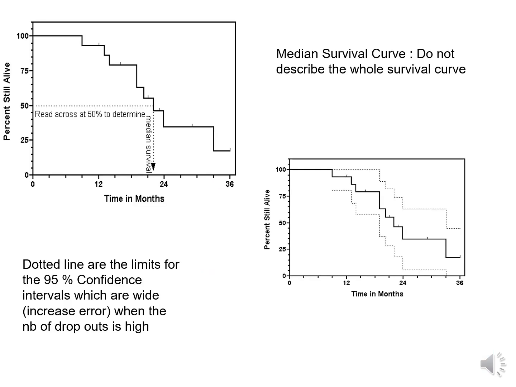So this illustrates how median is derived from the survival curve. Here is the y-axis, and this is the cumulative percent, and then you extend a horizontal line from the 50% to the curve, and then you read off the median time.